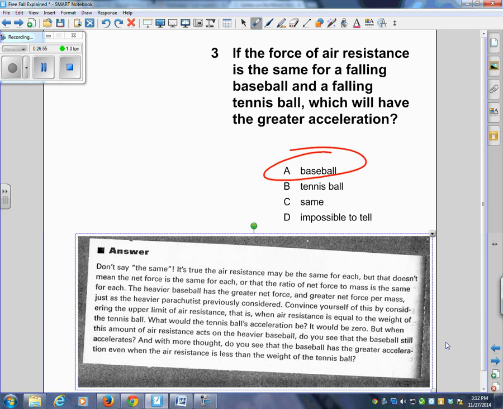That is, when air resistance is equal to the weight of the tennis ball. What would be the tennis ball's acceleration? 0. But when that amount of air resistance acts on the heavier baseball, do you see that the baseball still will accelerate? Yes. And with more thought, do you see that the baseball has the greater acceleration even when the air resistance is less than the weight of the tennis ball? Tricky stuff. You're going to have to ponder that, work through that a little bit in your mind.